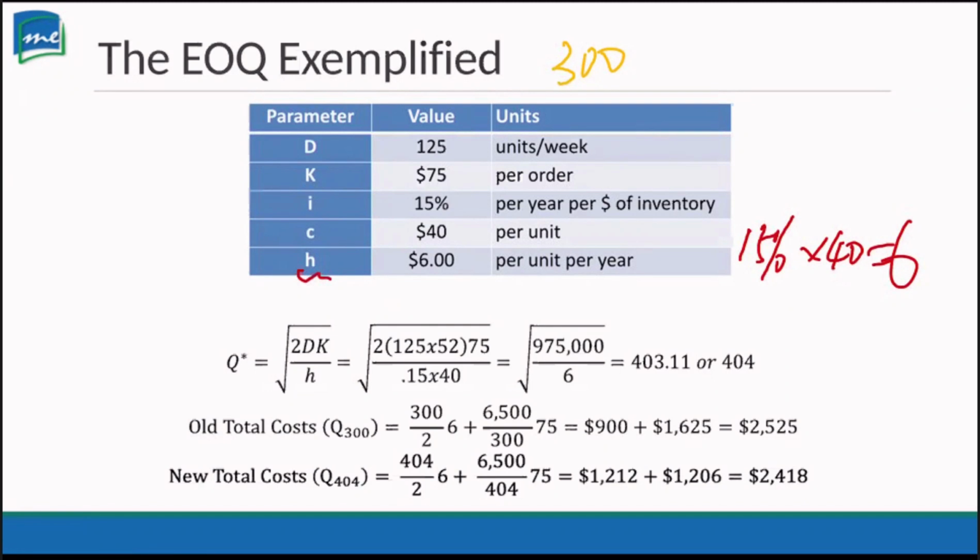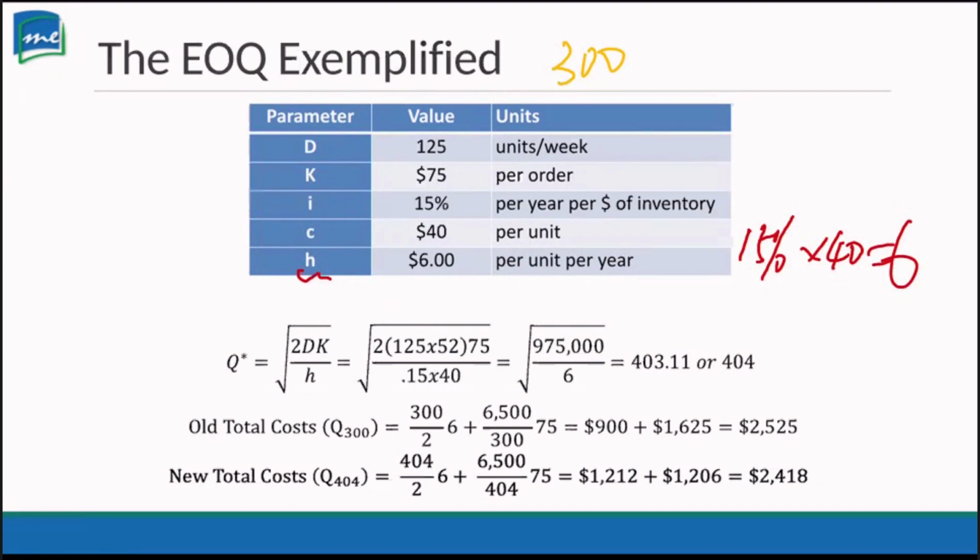So according to the annual demand, the ordering cost per order, and the holding cost per unit, we can have an idea about the EOQ. The EOQ after calculation is around 404. It means if you place 404 per order during the whole year, you will have the minimum total cost.